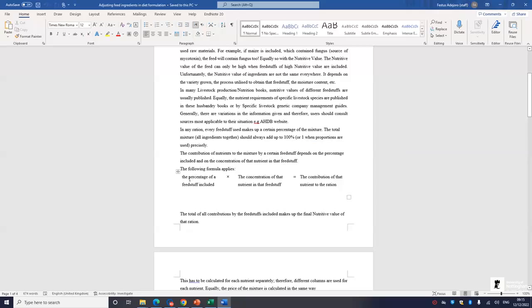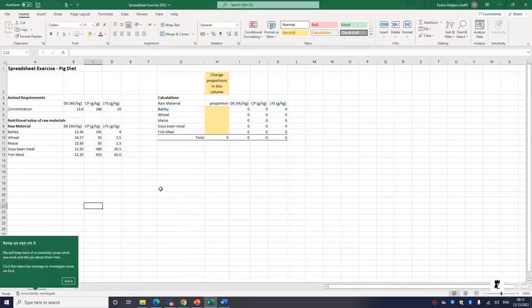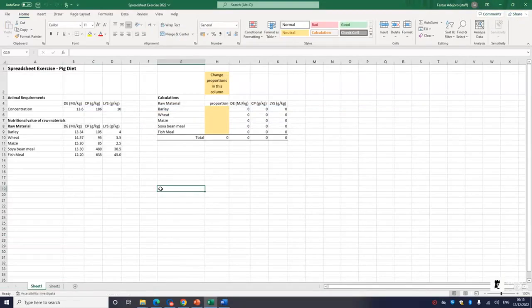The following formula applies: the percentage of the feedstuff included multiplied by the concentration of that nutrient in that feedstuff will give us the value of the contribution of that nutrient to the ration. So on this Excel sheet, you should have access to this on Moodle now.